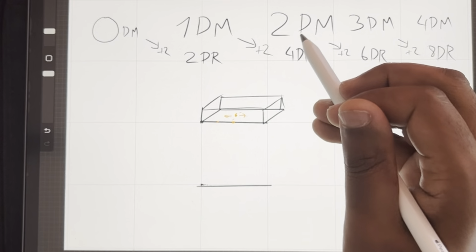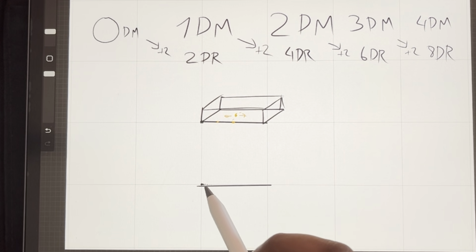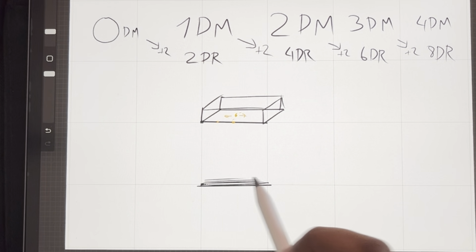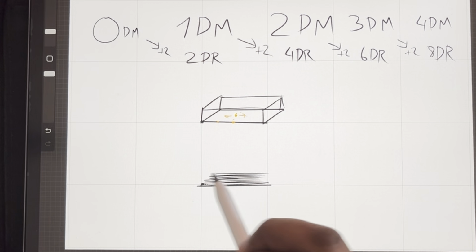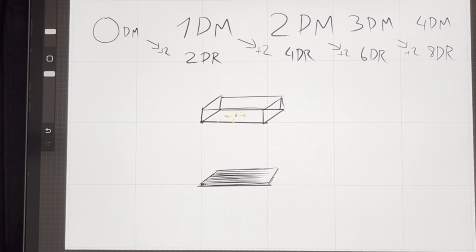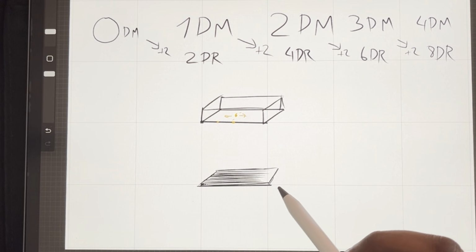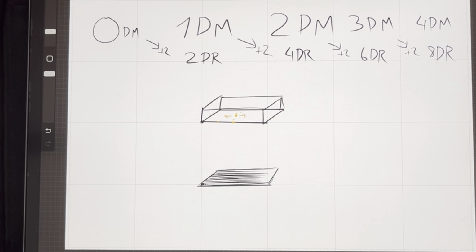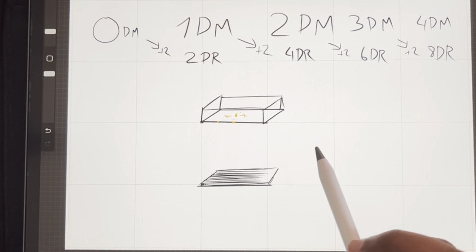The same applies to the next one. Imagine there's a stick, and then you put one stick next to it, and one next to it, and one next to it. What happens? You get a two-dimensional field. And in that field, you can move back and forth and left and right. The same applies to the next dimension.